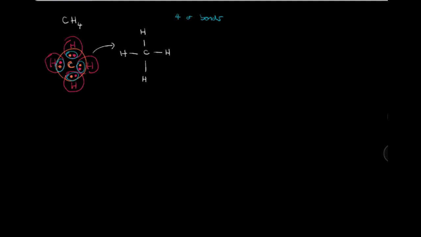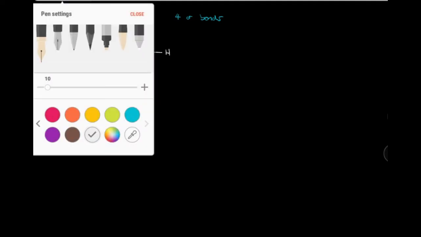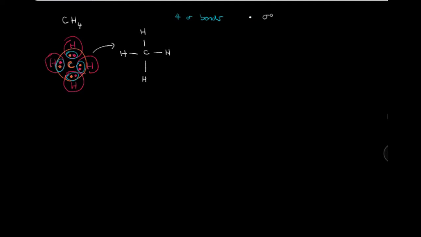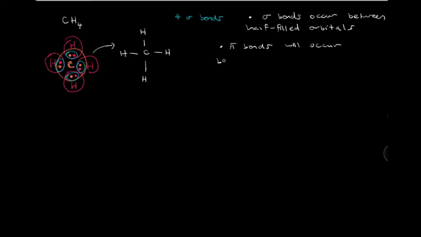Well, first of all, what you have to remember here is that a sigma bond occurs between half-filled orbitals, and pi bonds will occur between half-filled p orbitals. So these are two components that you have to address.